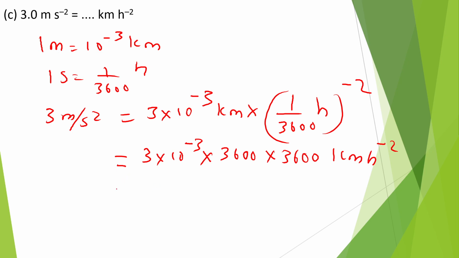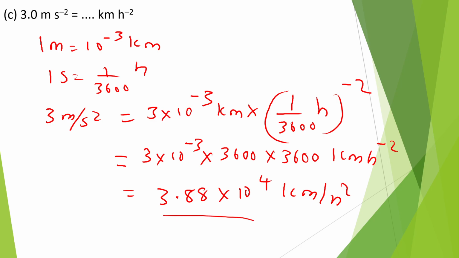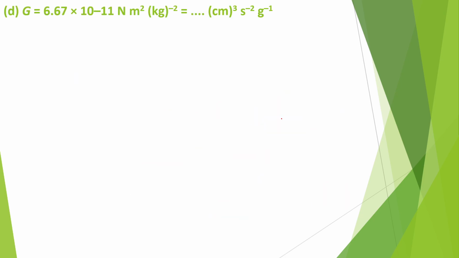So your answer will be around 3.88 into 10 to the power 4 kilometer per hour square. So this is the solution, 3.88 into 10 to the power 4. That's how we will convert meter per second square into kilometer per hour square. Alright, we'll go to the next question.